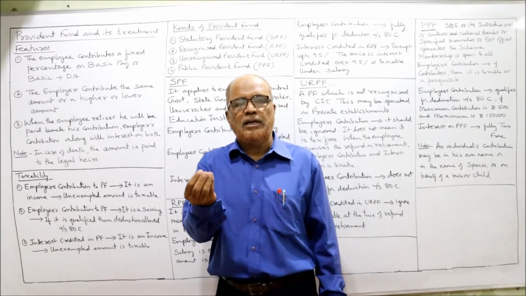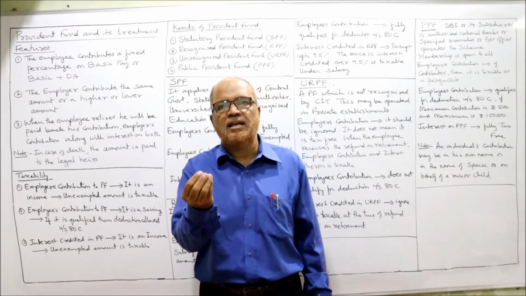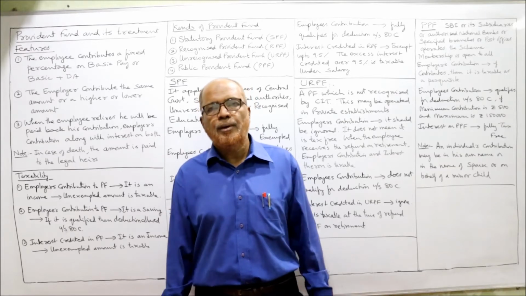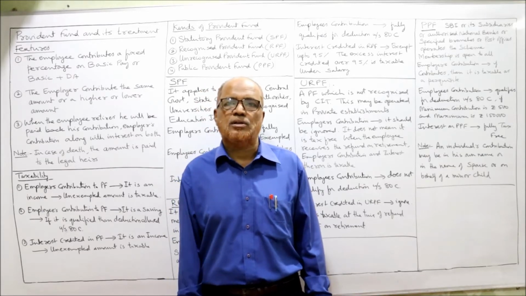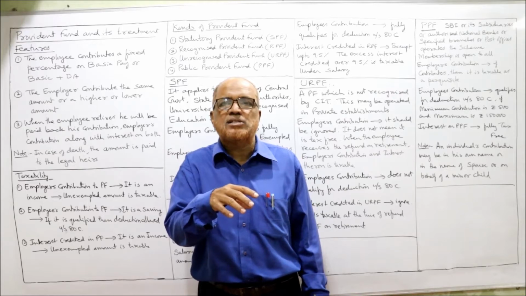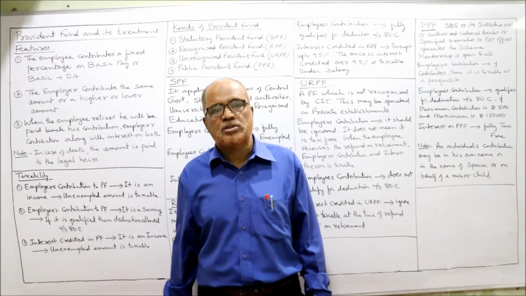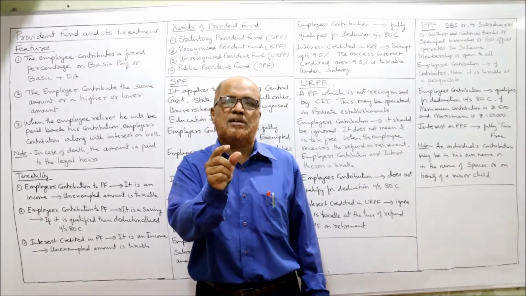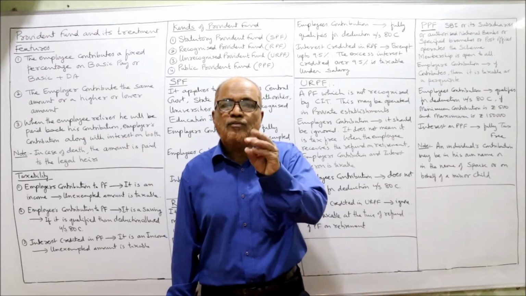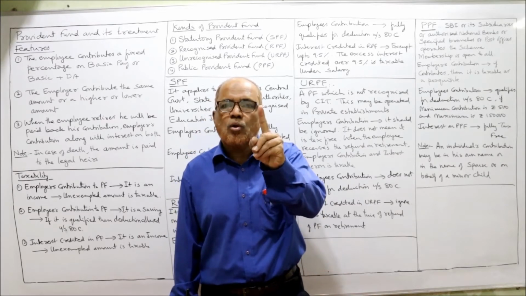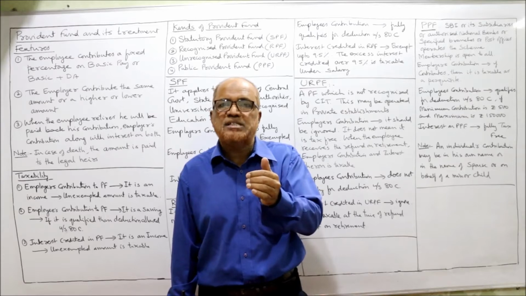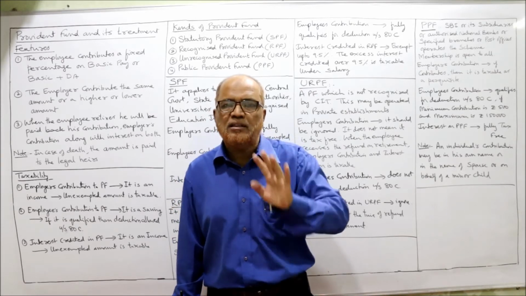Suppose an employee's monthly salary is 20,000. The government has framed a scheme that 5% you have to deposit. So 5% of 20,000 is 1,000. Out of 20,000, 1,000 rupees will be deducted from his salary, and he will be paid only 19,000.